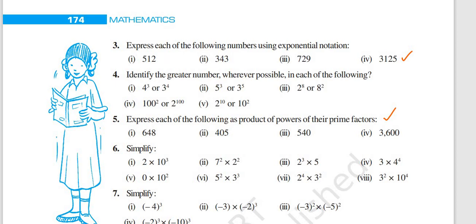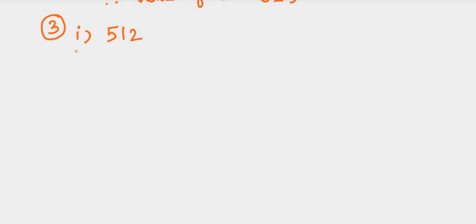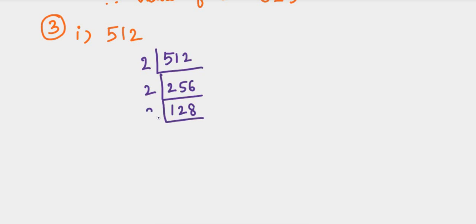First question of 512. Now we are going to third Roman first question, to express in exponential form in their factors. So you can do this one in different ways. Now I am telling one method, that is, 512, you can factorize, prime factorization. 256, 2 times 128, it is even number, no, it is also even number.